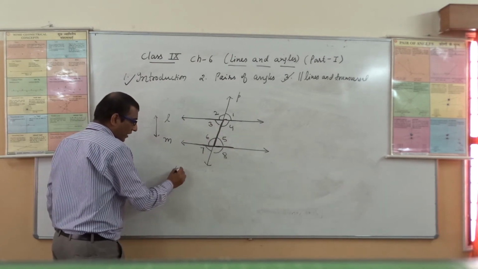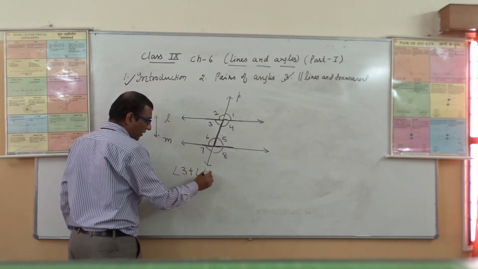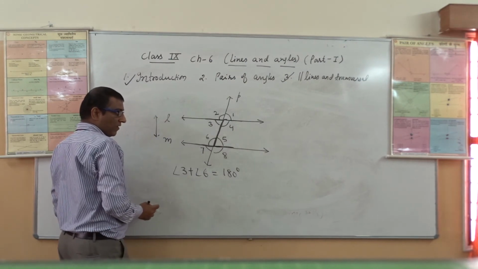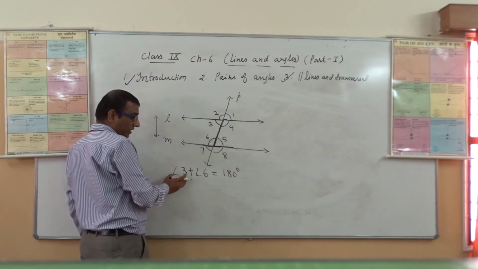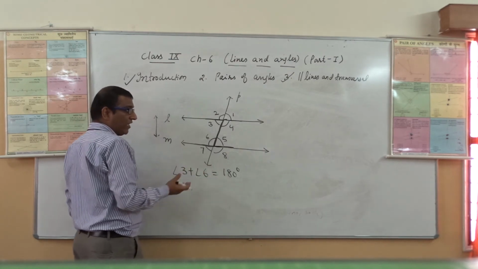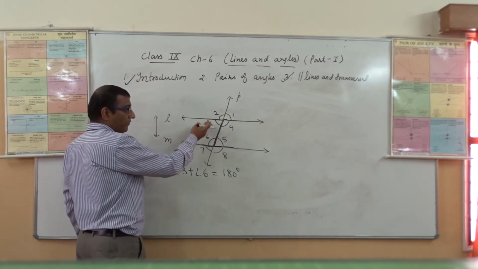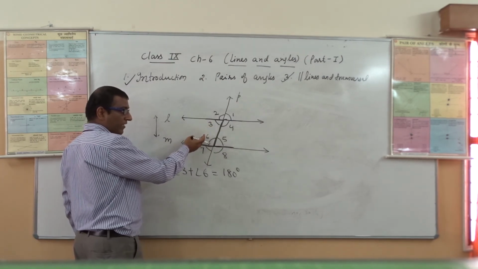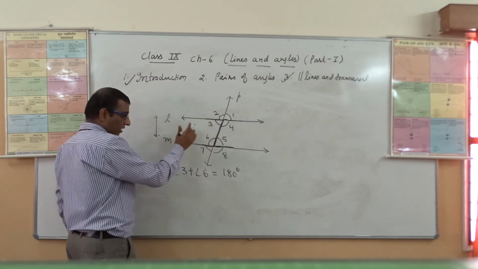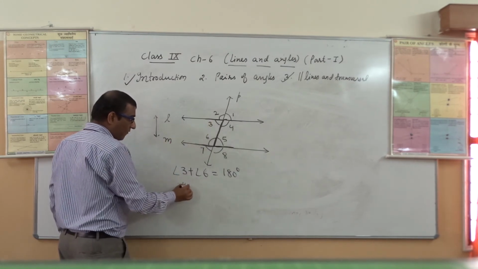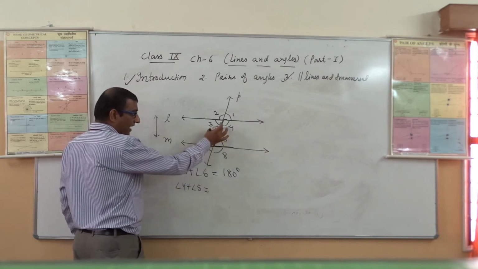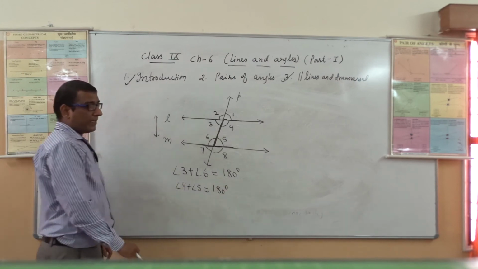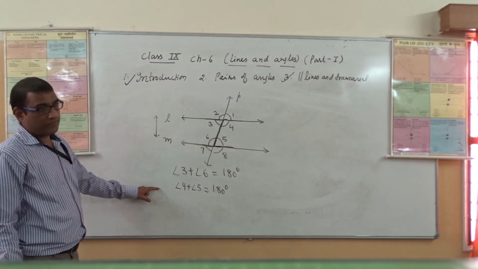So we can say if the sum of angle 3 plus angle 6 becomes 180 degrees, which means the sum of these two angles is supplementary, then both the angles are interior angles on the same side. What about angle 4 plus angle 5? When we add these two angles, their sum should be supplementary, or equal to 180 degrees.